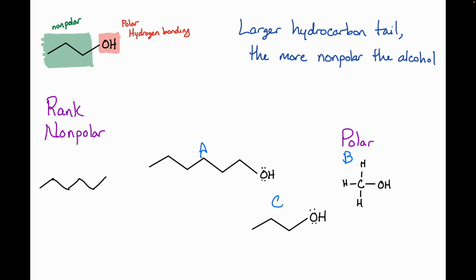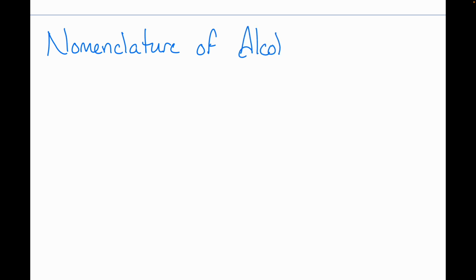All right, so we got a new functional group. The first thing we're going to do is learn how to name it. We got our same step-by-step process here. Let's put down an example.